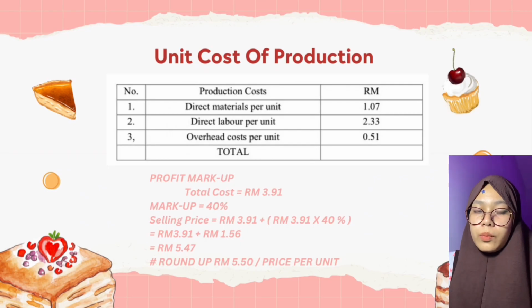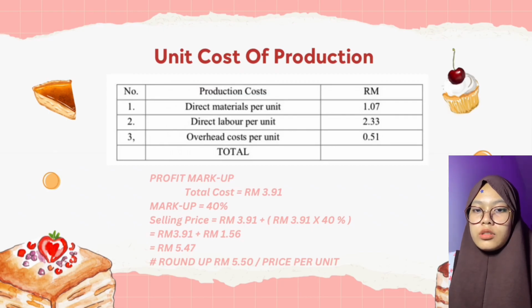To mark up the price, Three Sisters Enterprise chooses 40% markup. With the markup percent, you need to multiply it, and then you will get 1 ringgit and 56 cents.